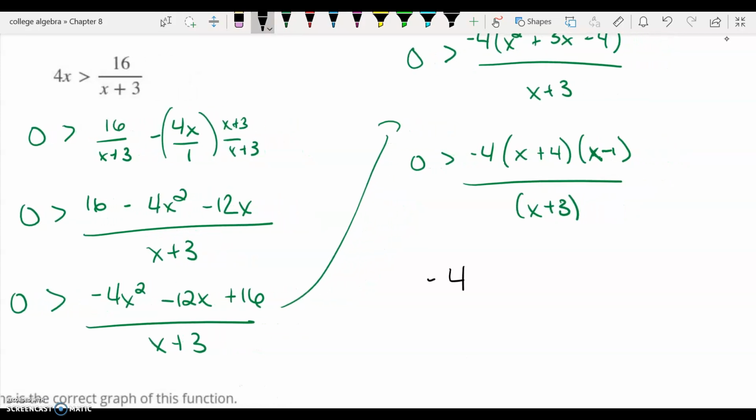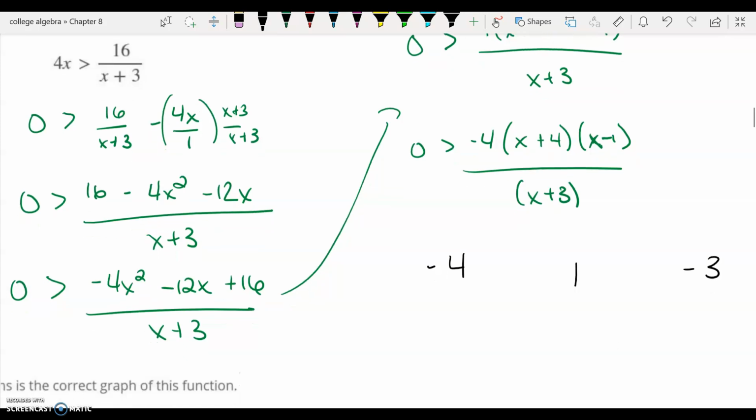You have negative 4, 1, and negative 3. All right, they're all going to be open circles because it's greater than. The bottom one is always an open circle.